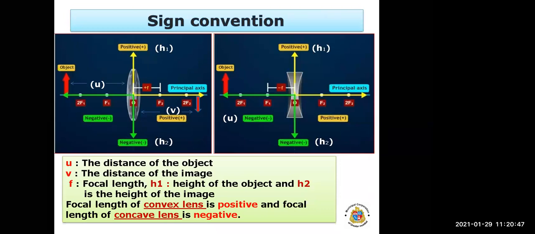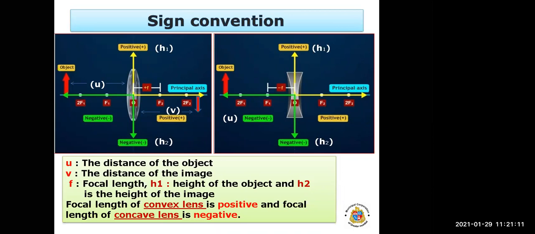Then F is the focal length. Focal length is the distance between the optical center and the principal focus of the lens. Then H1 is the height of the object, which you can see in the picture, and H2 is the height of the image.